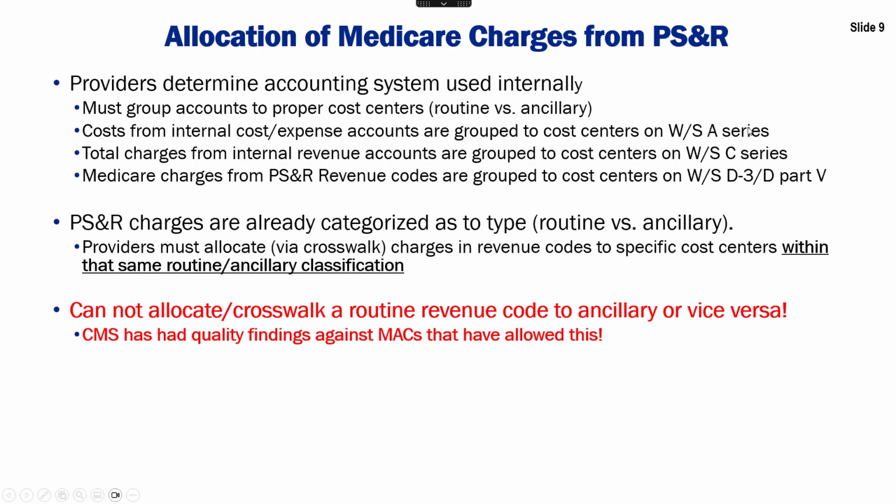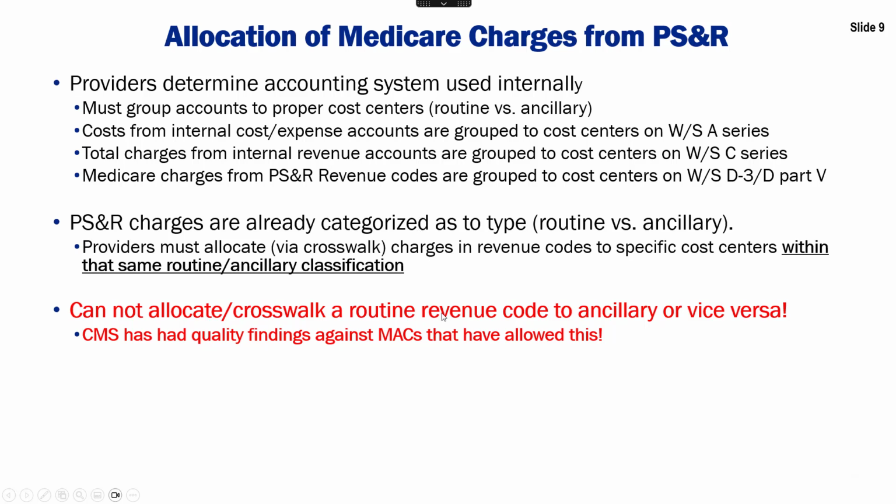Those are grouped to cost centers on worksheet A series. Total charges from the internal revenue accounts are grouped to cost centers on the worksheet C series. And then the Medicare charges from the PSR revenue codes have to be grouped to cost centers on worksheet D-3 or D Part 5.